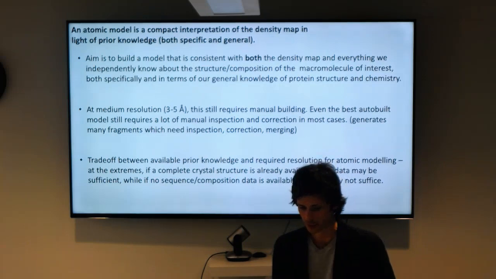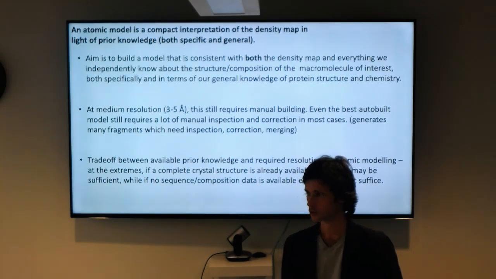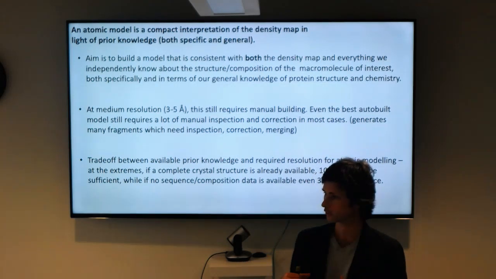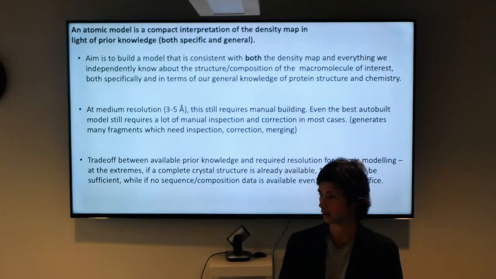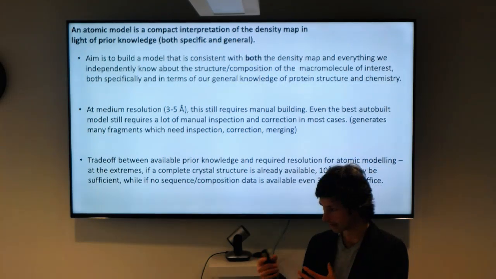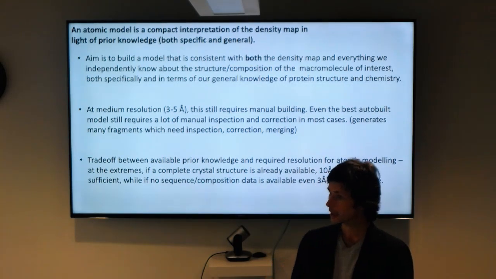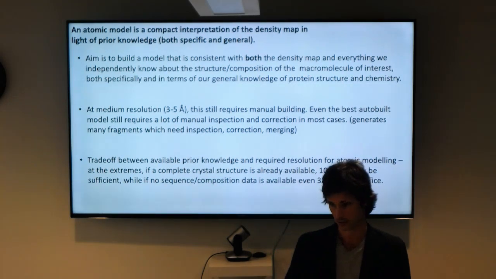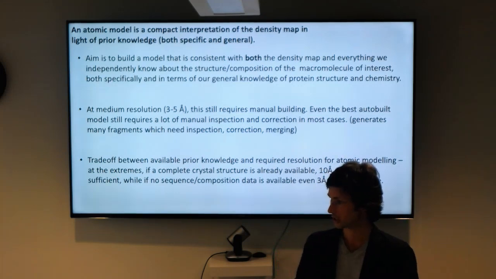However, in those cases, even with a relatively high resolution map, you're still going to end up with a fairly incomplete model in most cases, and it's still going to require a lot of manual interpretation in order to fit all the fragments that you get out of auto building together, decide which ones are right and which ones are wrong. Basically, you still need a person in the loop to judge whether the machine has done the right thing, and I think that'll be the case for quite some time.